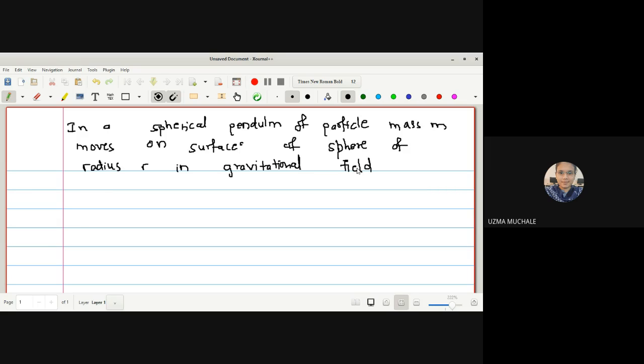Show that, or prove that, the equation of motion of this particle is given by theta double dot minus cos theta p phi square divided by m r raised to 4 sin cube theta minus g by r sin theta equal to 0. Okay, whether you have imagined what it looks like.